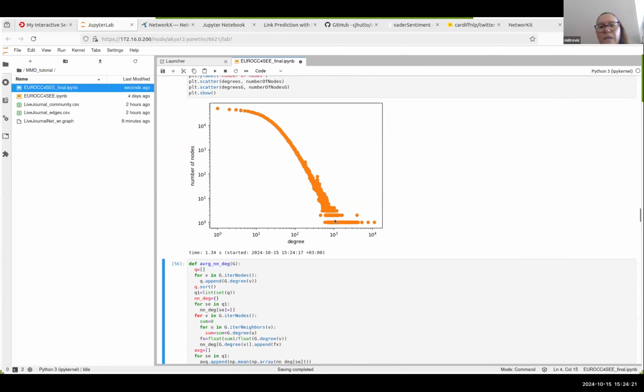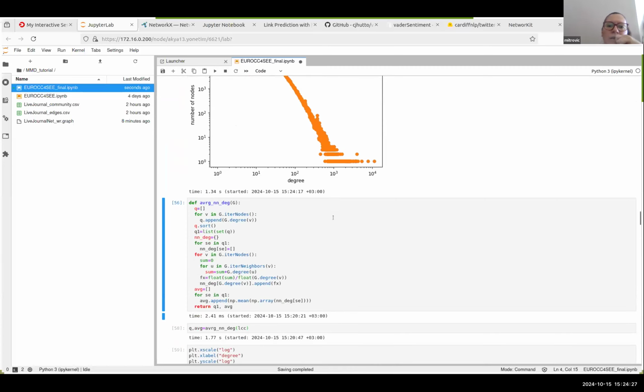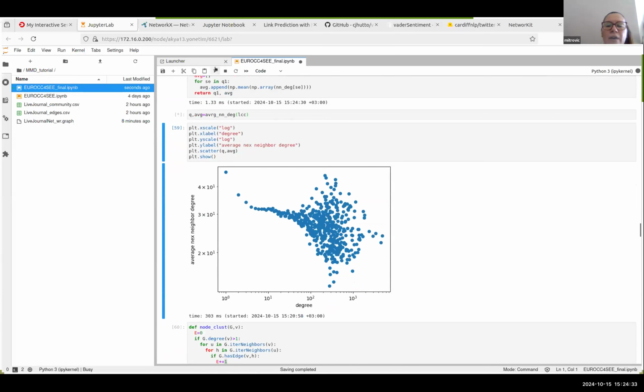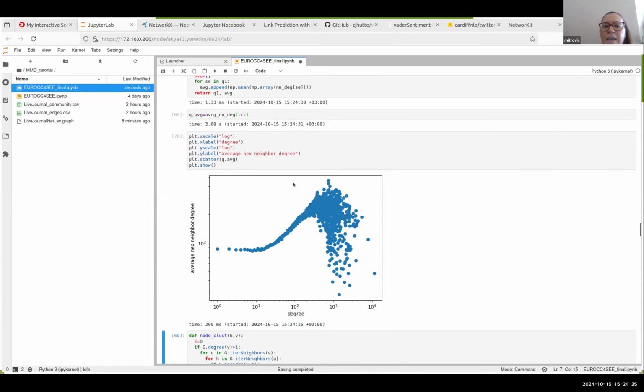So again, we have a degree distribution that is quite broad. We will also look at how the average first neighbor degree behaves. As you saw, for the hyperbolic network it drops down, but for this one it grows, okay?